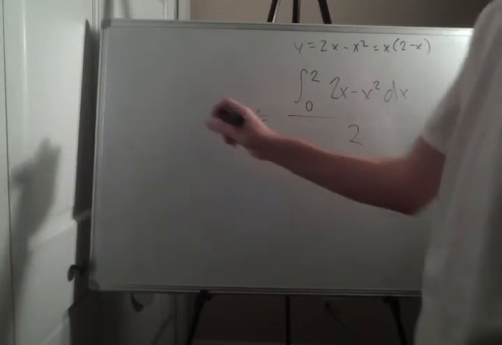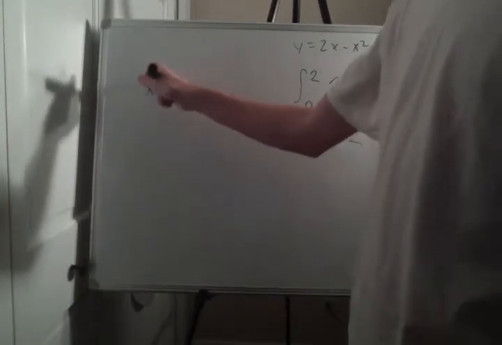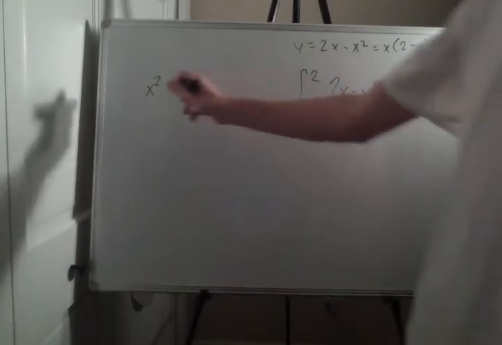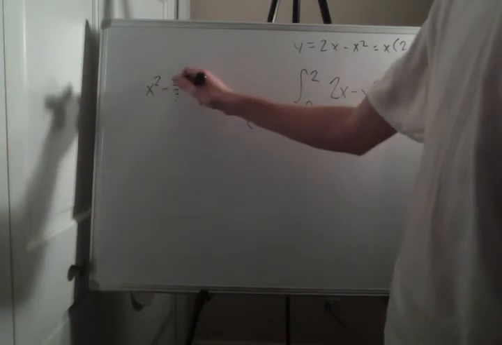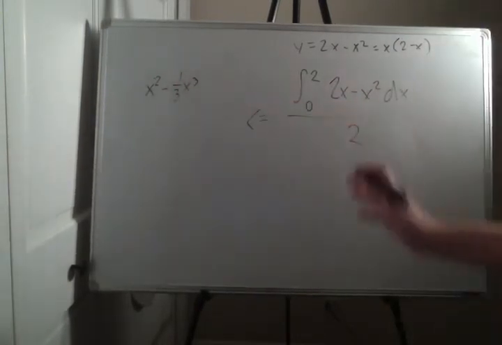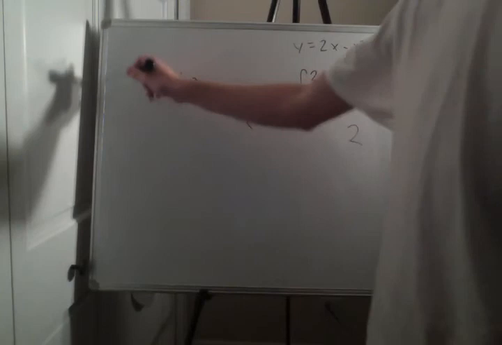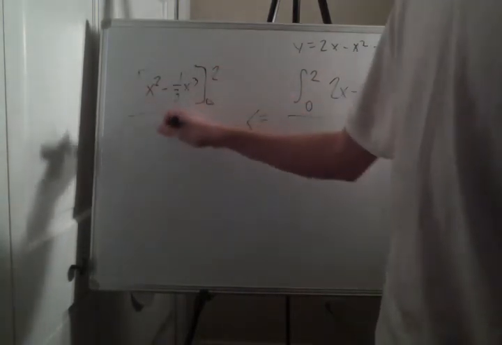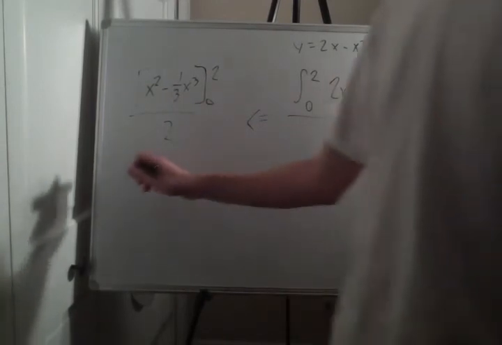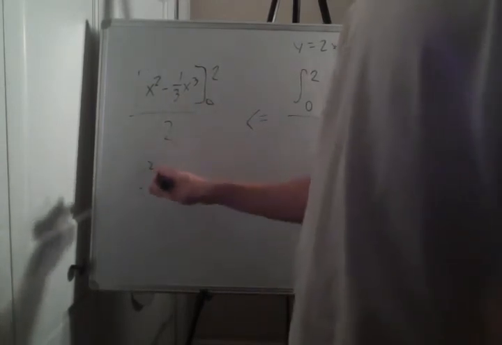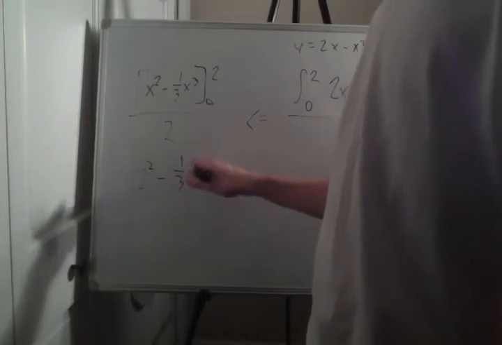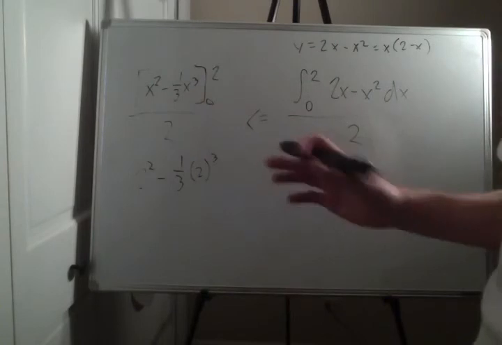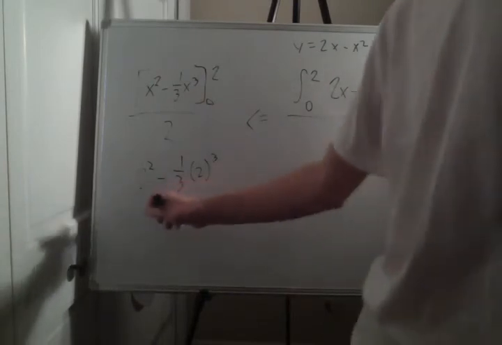So for this, let's do a quick review of how to evaluate this. We would add 1 to the power and then 2 over 2, which would just be 1, minus 1/3 x cubed. And you don't need the plus c because we're just evaluating the integral, and this will be from 0 to 2, still over 2. 2 squared minus 1/3 2 cubed, and you normally have to subtract by the 0 values, so because it's all x's in them, it's just going to be 0.